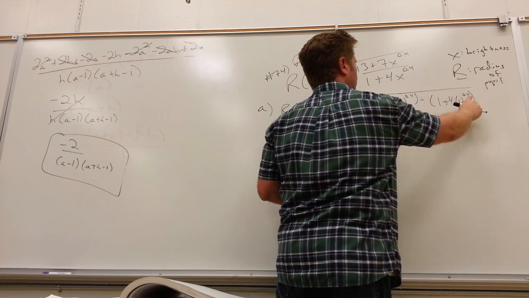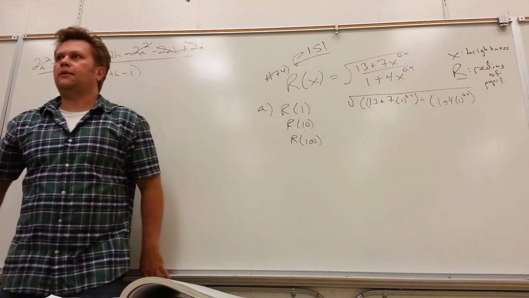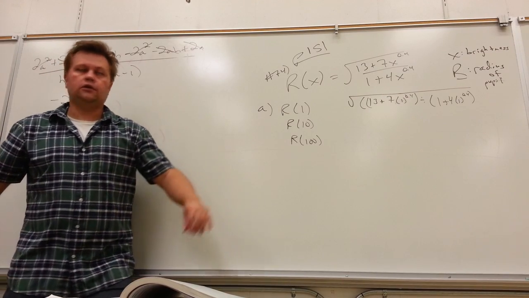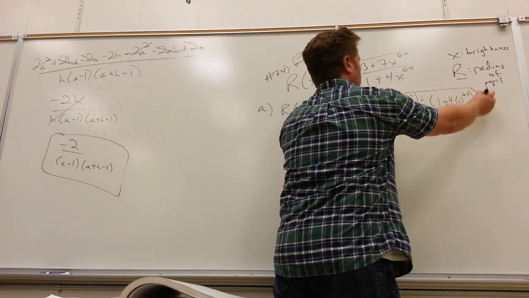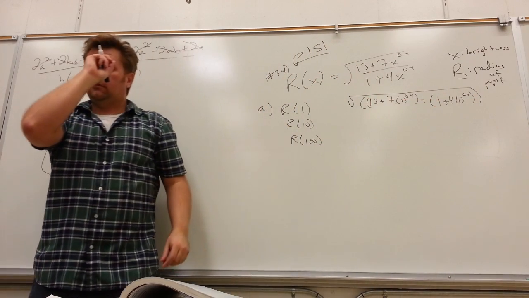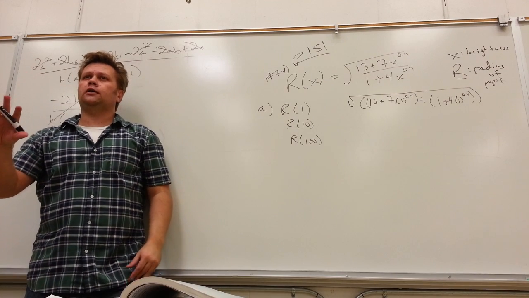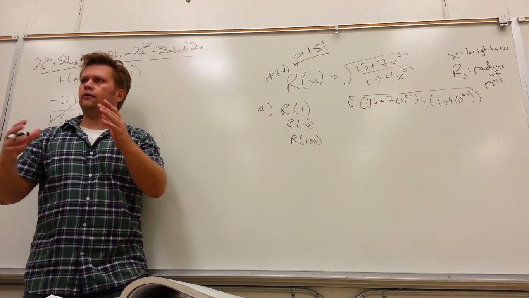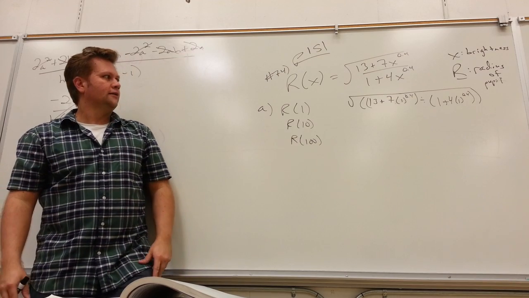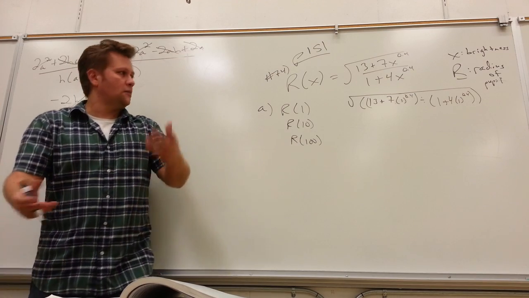Obviously, you should not need the to the 0.4 power. 1 to any power is 1. But that's how you want to plug it in. It needs to know what's in the square root, what the top is and what the bottom is. So sometimes problems here would be just not knowing how to put it in the calculator.